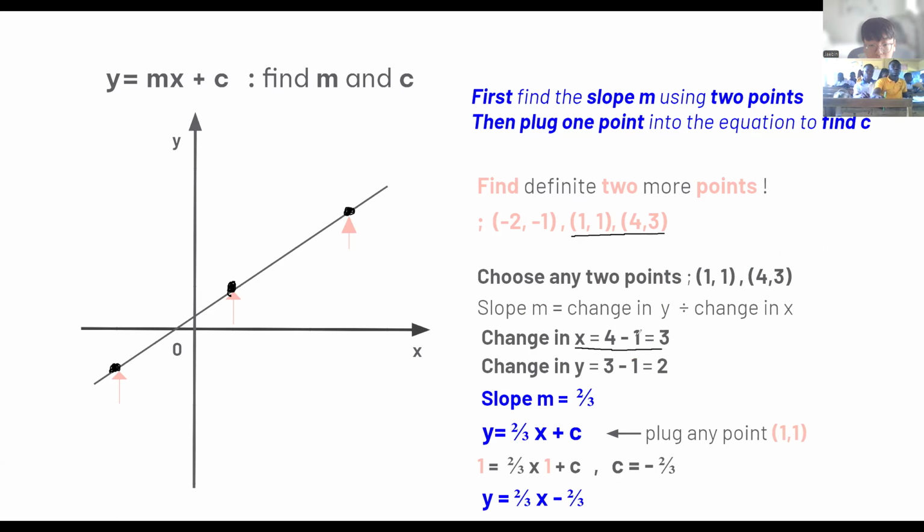What is the change in y? It is 3 minus 1, which is equal to 2. The slope is change of y over change of x. So slope is equal to 2 over 3. Right?